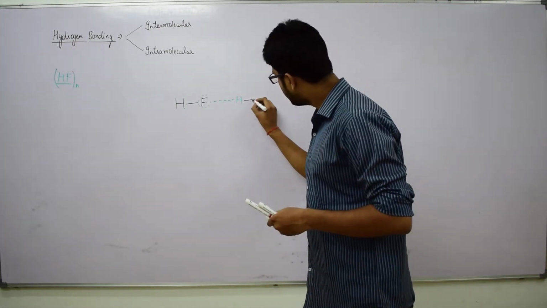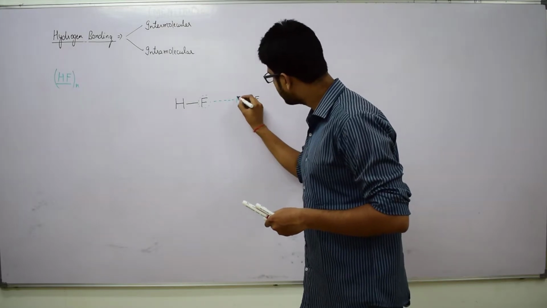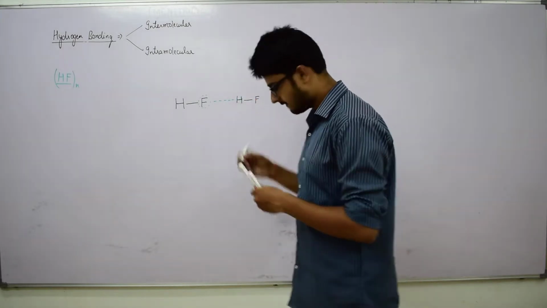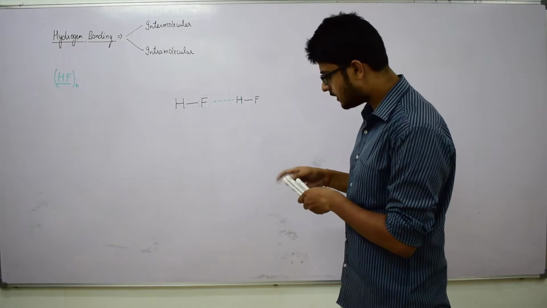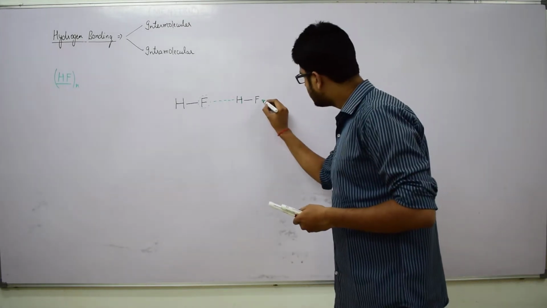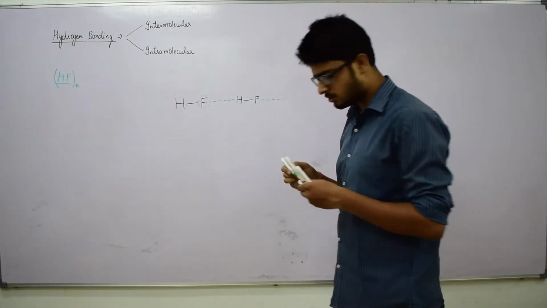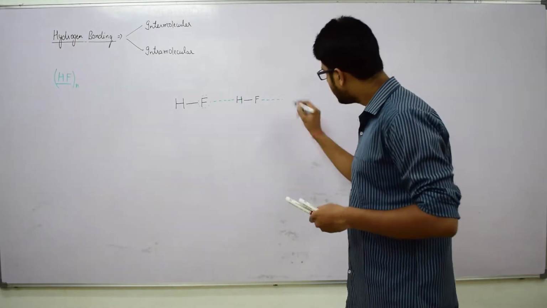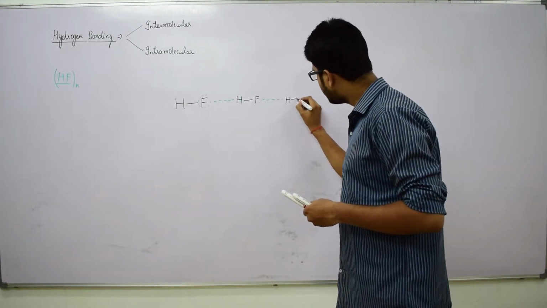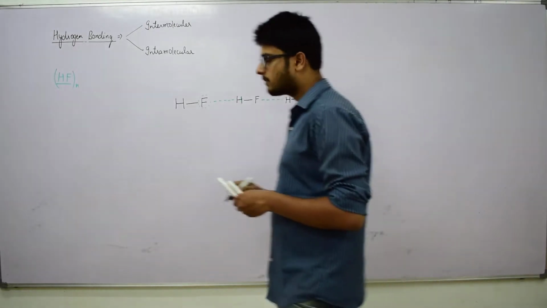This is our next HF molecule. Again this process will continue. This is our hydrogen bonding shown by a dotted line, and this is again the next HF molecule.